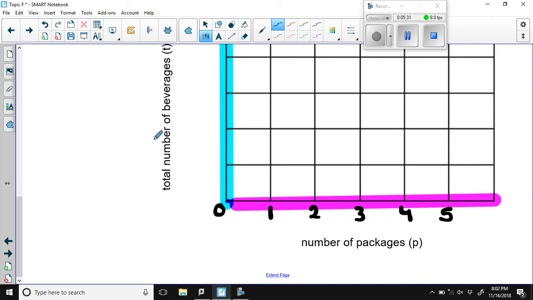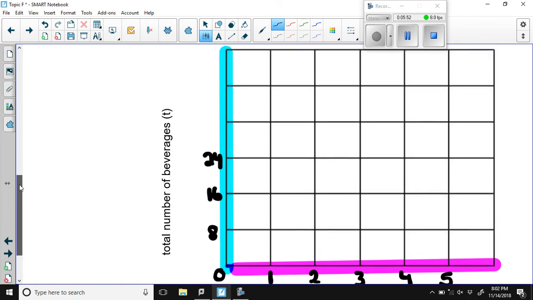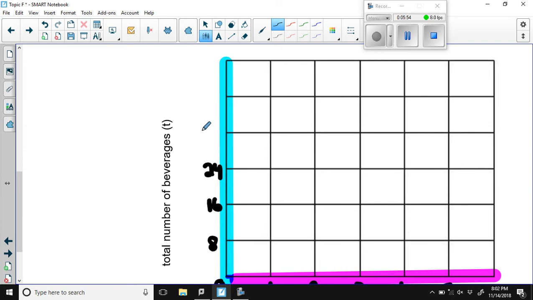And then since my dependent variable, my total number of beverages, was increasing by 8s, I'm going to do the same here. I'm going to label each line and increase it by 8. And notice we're labeling lines, not spaces.